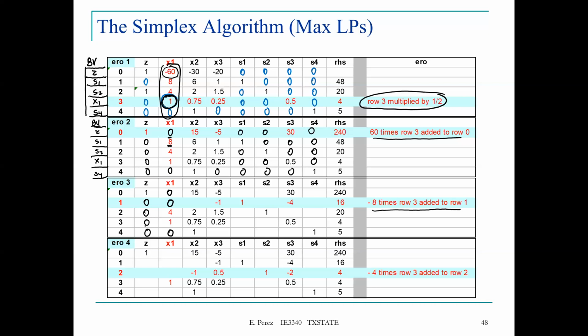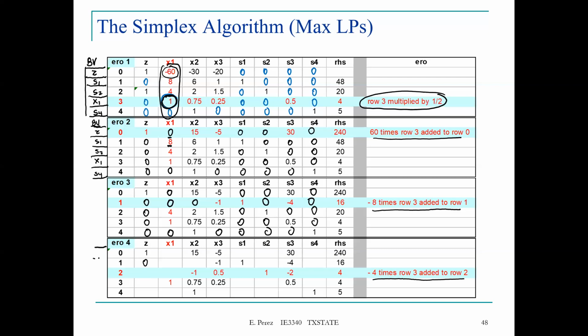So I'm almost there. Still, I need to make that 4 equal to 0. So that's what I'm going to do next. So I'm going to multiply minus 4 times row 3 and add it to row 2.